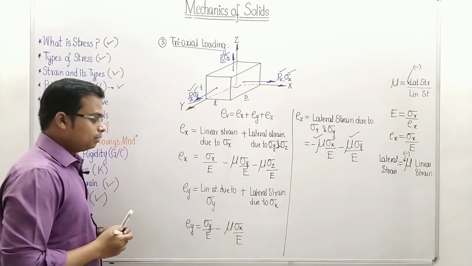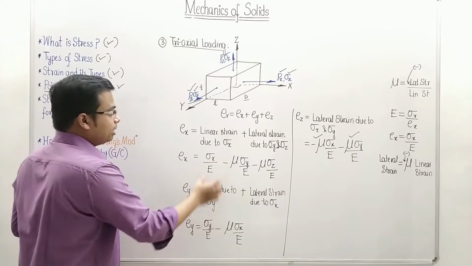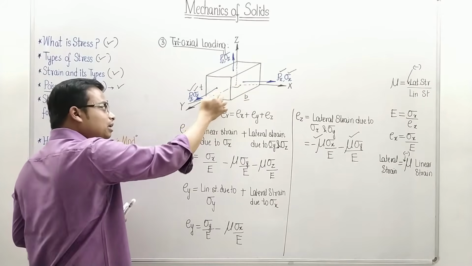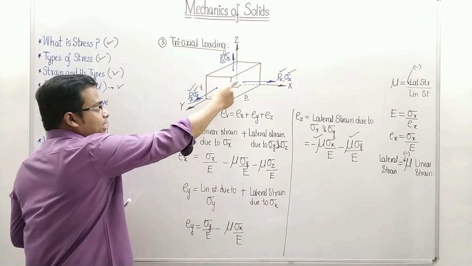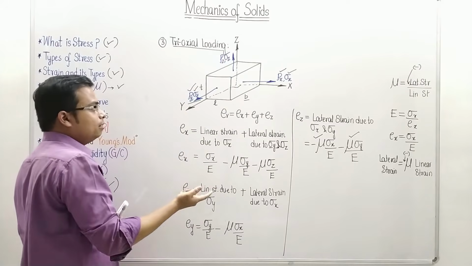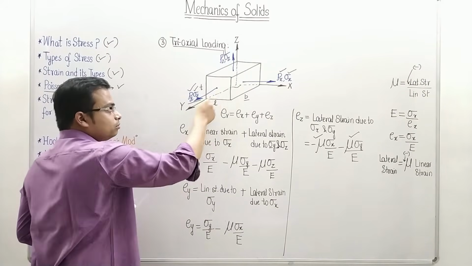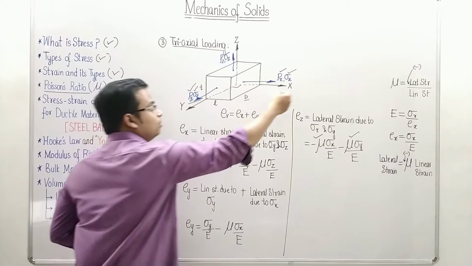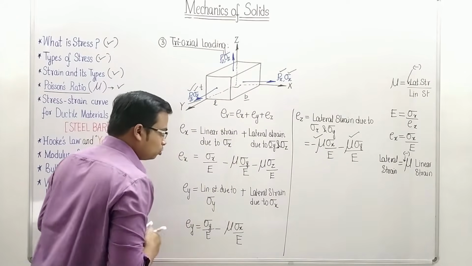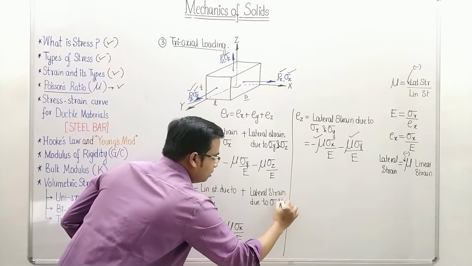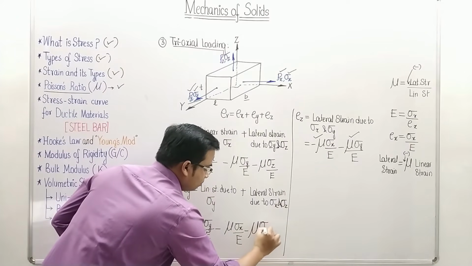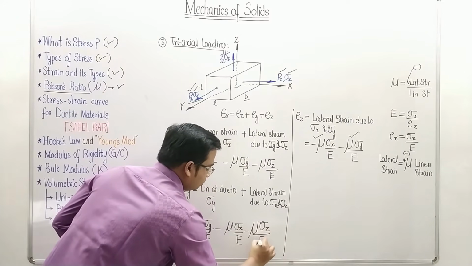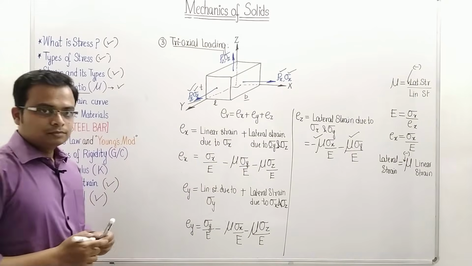It's that simple. In the same way, let's calculate the total amount of strain along Y. That is linear strain due to sigma Y, fine. But there is going to be lateral strain also along this direction because of sigma x and sigma Z. So here we will have sigma x and sigma Z. So this is going to be minus sigma Z over E. It's that simple.